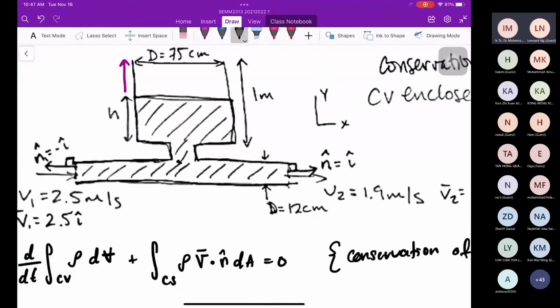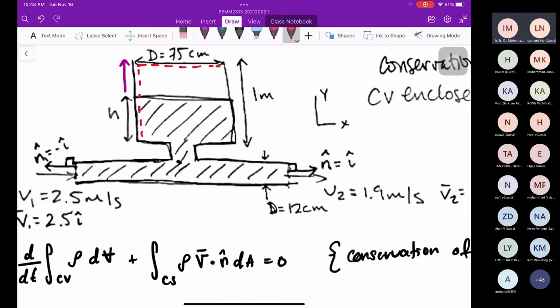I want to consider my control volume as the cylinder tank. Control volume is fixed here.